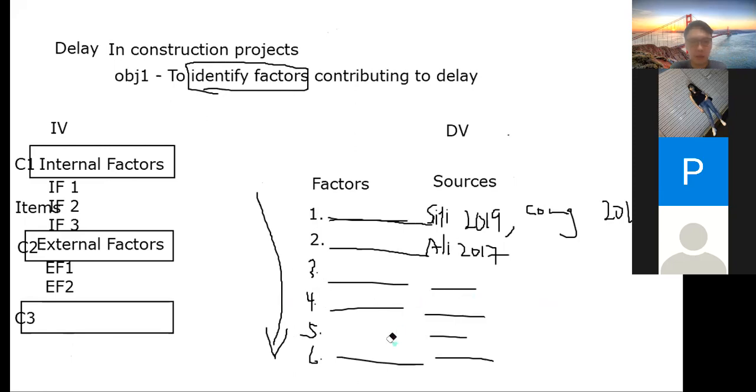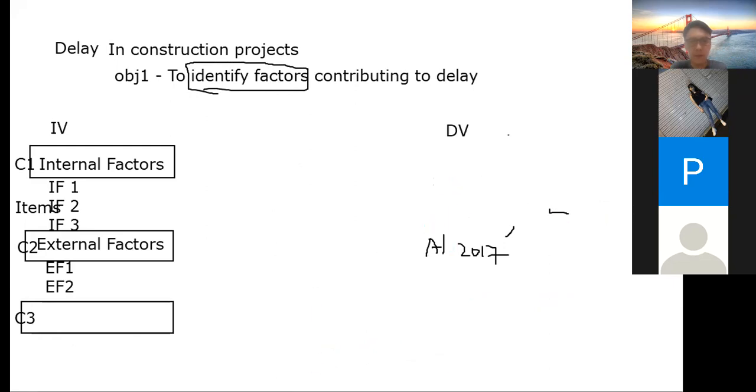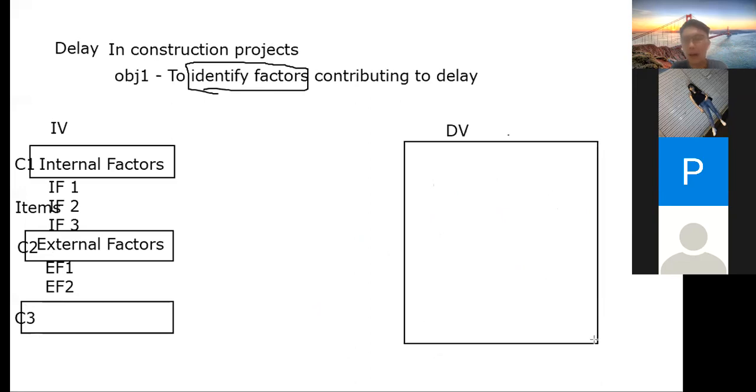After listing down all these factors, you can create your questionnaire to answer your objective one. You can further create your questionnaire in a dependent variable column, like what I did just now.